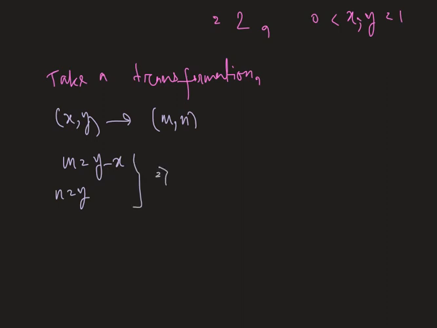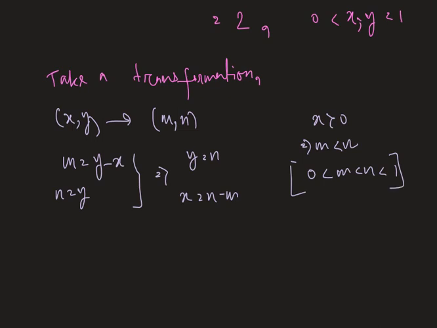So from this we can imply that y is equal to n and x is equal to n minus m. As x is greater than 0, so m is less than n. So we can write that the range of mn is also 0 to 1 and m is less than n.